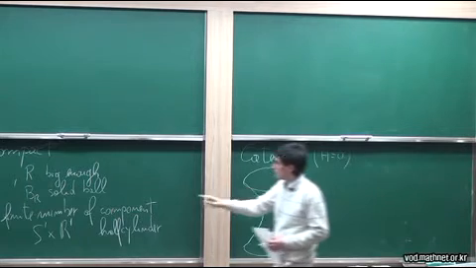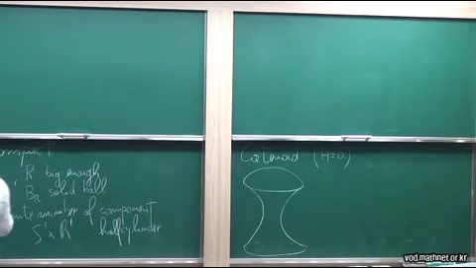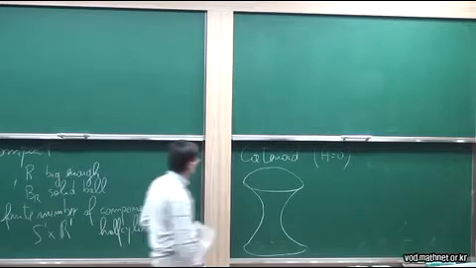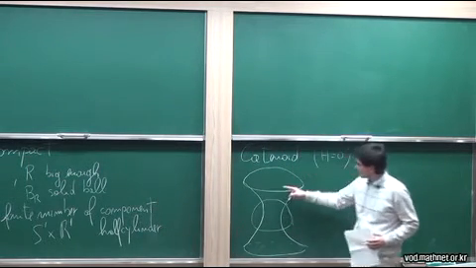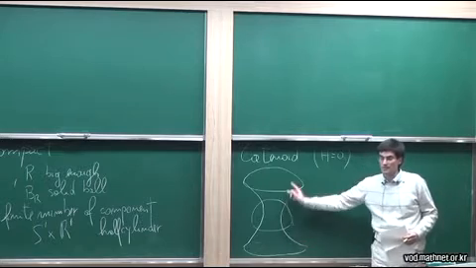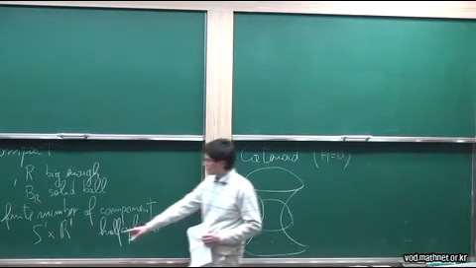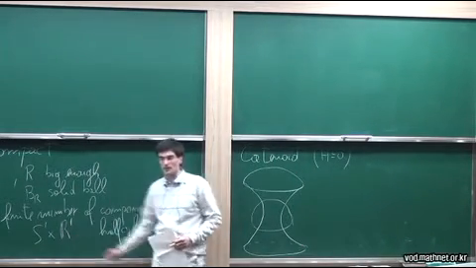Now, if I follow this recipe and remove a ball from the surface, what I get is two non-compact pieces which are diffeomorphic to a half cylinder.